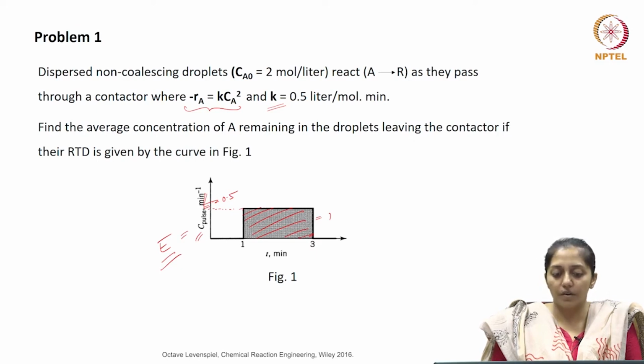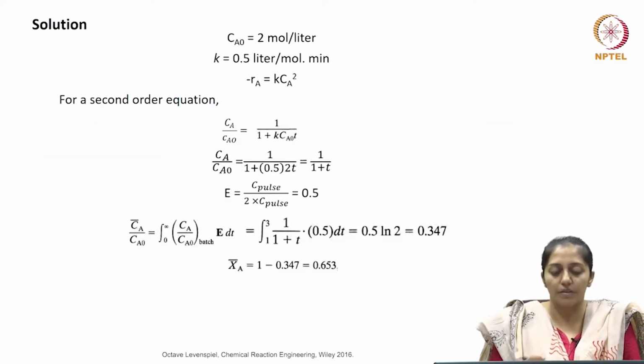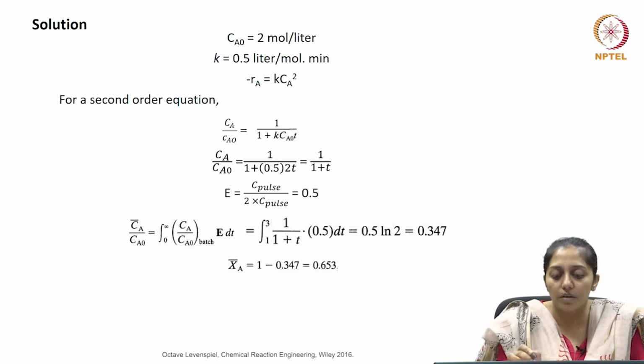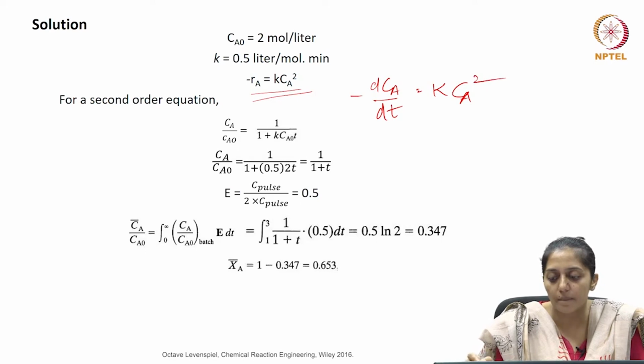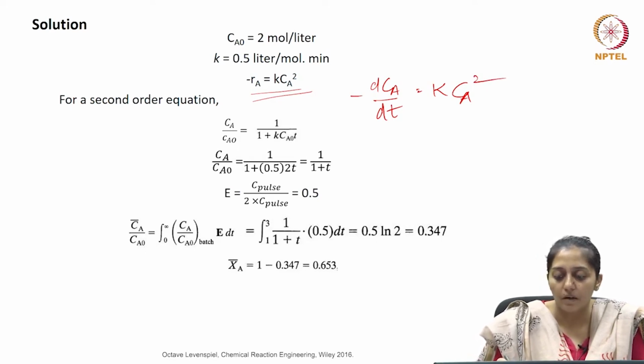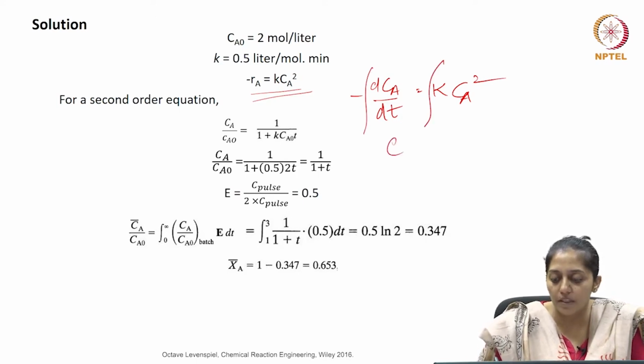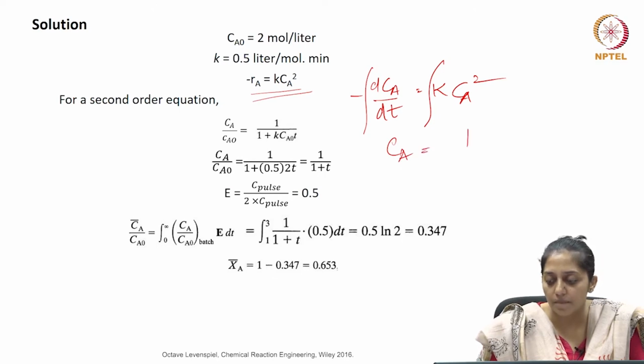So the reaction rate constant is given, and it's a second order reaction. The initial concentration is known. So dCA by dt is kCA square, with a negative sign since it's a reactant. Now we can integrate this to see how CA will change with time.